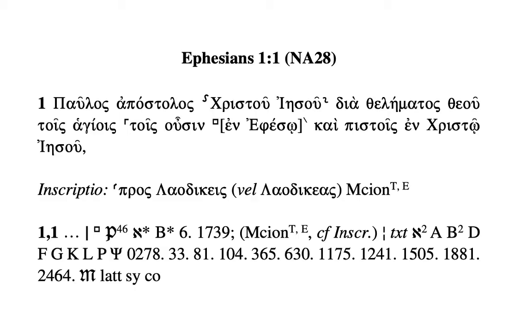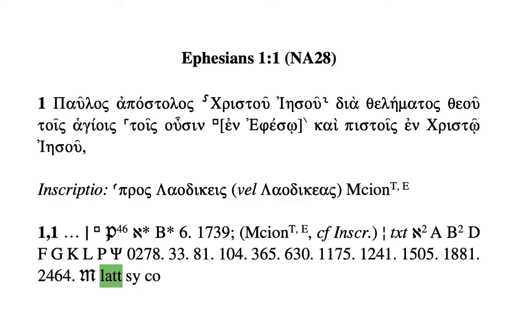Careful with the last 3 here. latt means something specific, not just Latin, but if you go to page 69 of the introduction, it tells you that latt means the entire Latin tradition. So there are various categories of Latin tradition, the Vulgate and Old Latin and so on. latt means the entire Latin tradition.